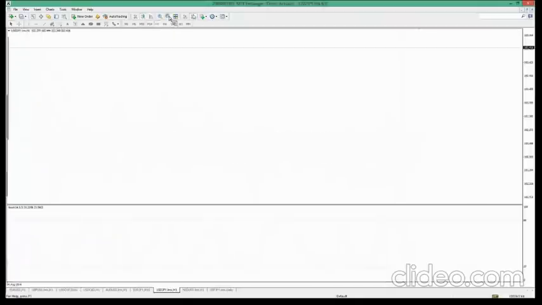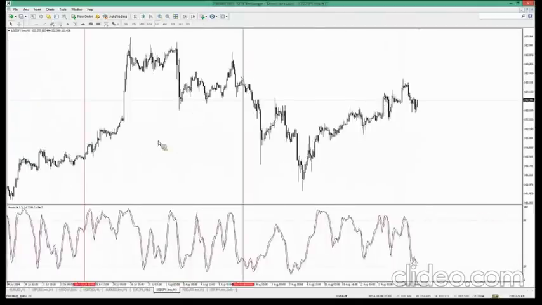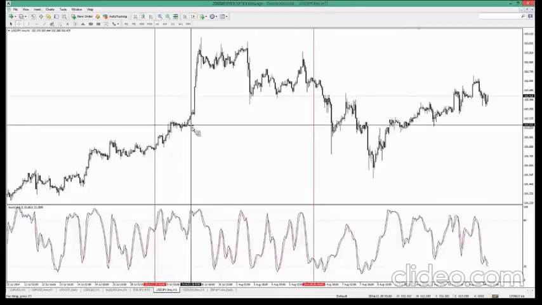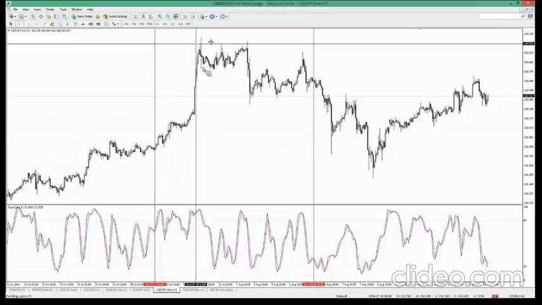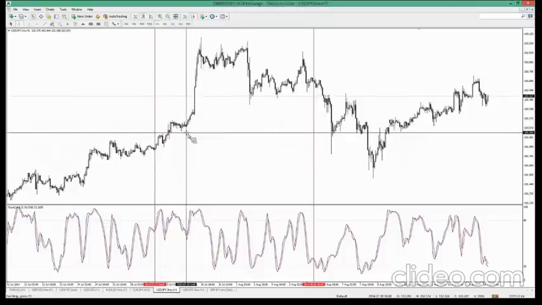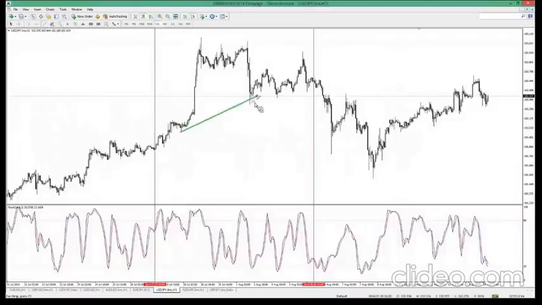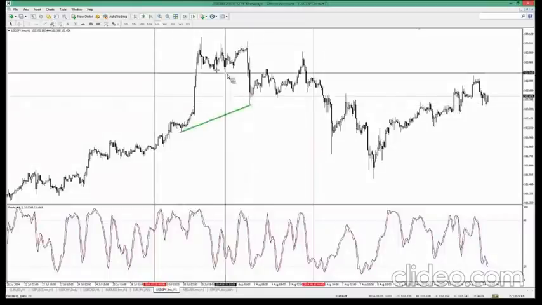So we just follow price along on this swing here, and we're just looking for some kind of decent pullback along the way here. We were here to here. No, sorry, there.